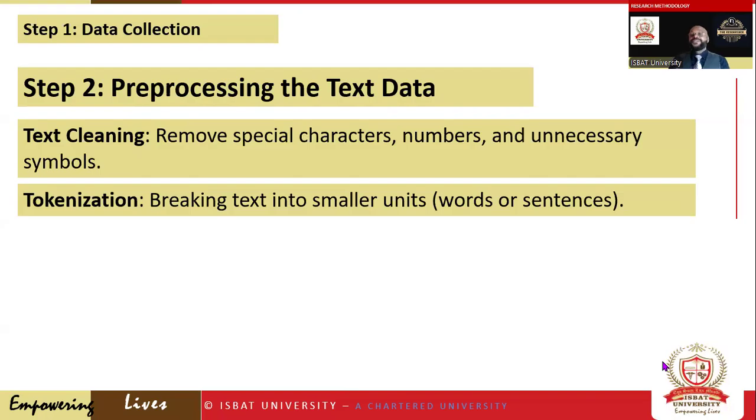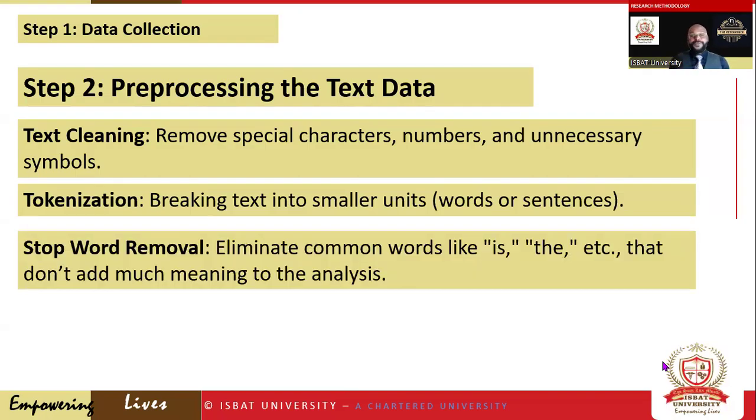Breaking the text into smaller units, making a long text into words or sentences, because these tokens are what we apply in the analysis to extract the sentiments. Then stop word removal. There are certain words like is, there, that, etc. that we don't want to include in the analysis, so we remove those stop words.